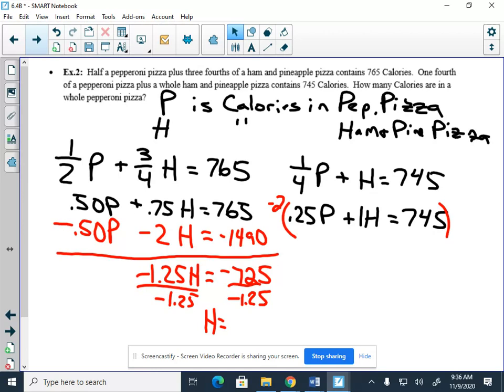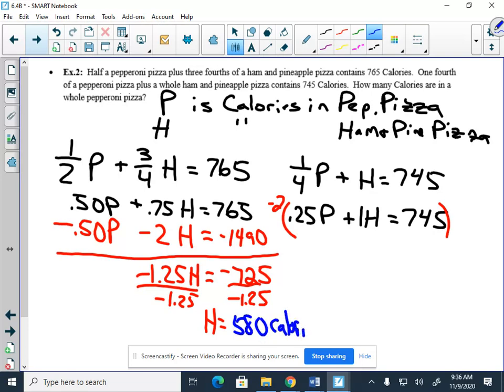They're both negative, so it is going to be a positive answer. So there's 580 calories in the ham and pineapple pizza.